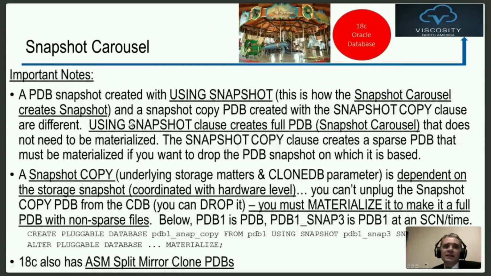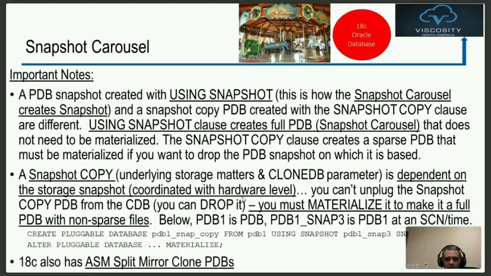Important note though: a PDB snapshot uses what's called USING SNAPSHOT, and this is a full PDB, as I said before. Now, USING SNAPSHOT creates a full PDB, but if I do a snapshot copy, that has a dependency on the underlying storage, based on how this is done.